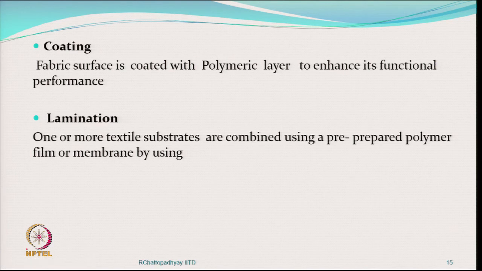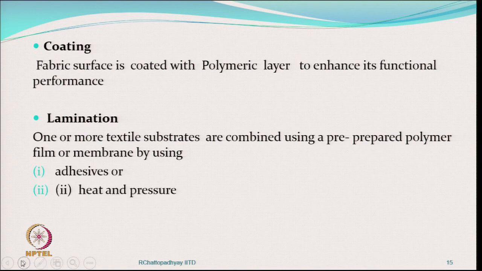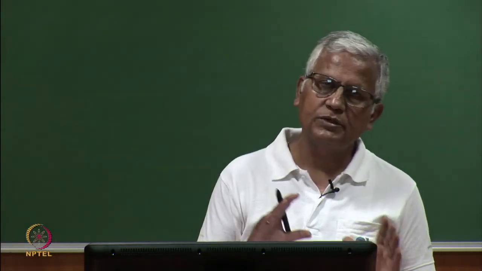Lamination means one or more textile substrates are combined using a pre-prepared polymer film or membrane, by using adhesives or by heat and pressure. So, both laminated fabrics and coated fabrics are available, and they have specific end uses where we need such kinds of fabrics.